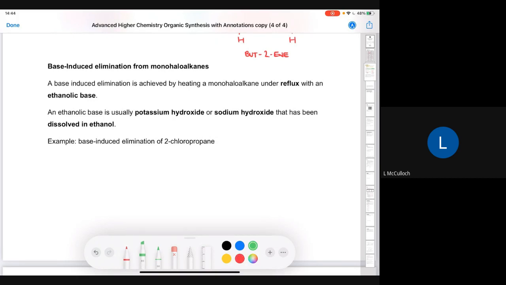Okay, so our reagent is an ethanolic base. Now, heating under reflux is a technique that we will look at actually doing once we get back into school and we can do some practical work. Okay, so don't worry too much about what heating under reflux means. We will actually have a proper look at that.